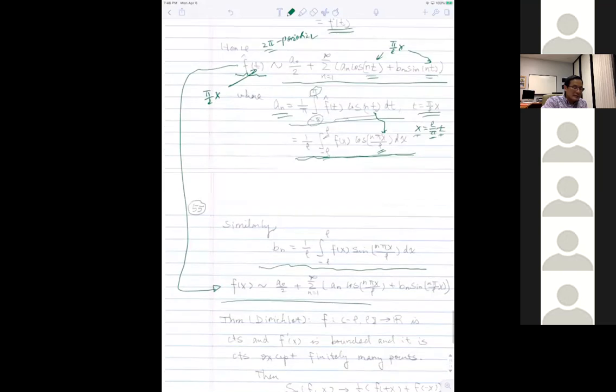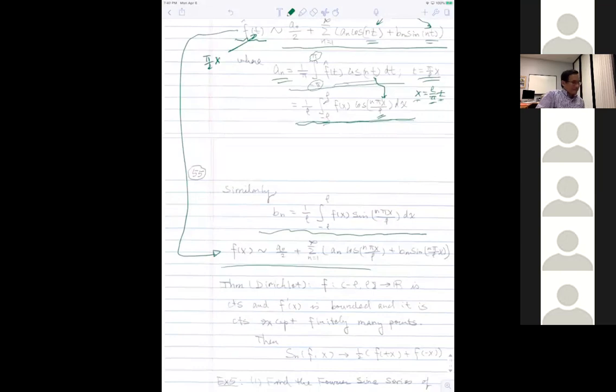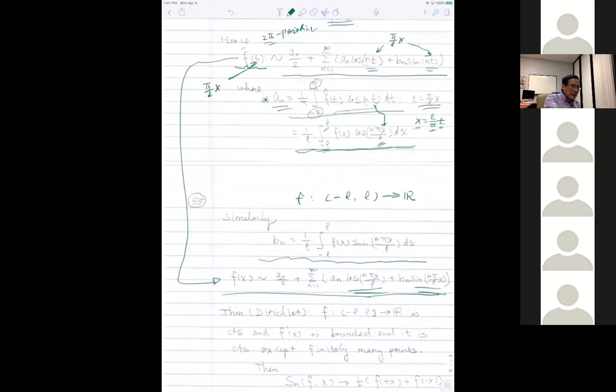So for any function defined from negative L to L, we can find a Fourier series in this form. And a_n and b_n are given by these two formulas.